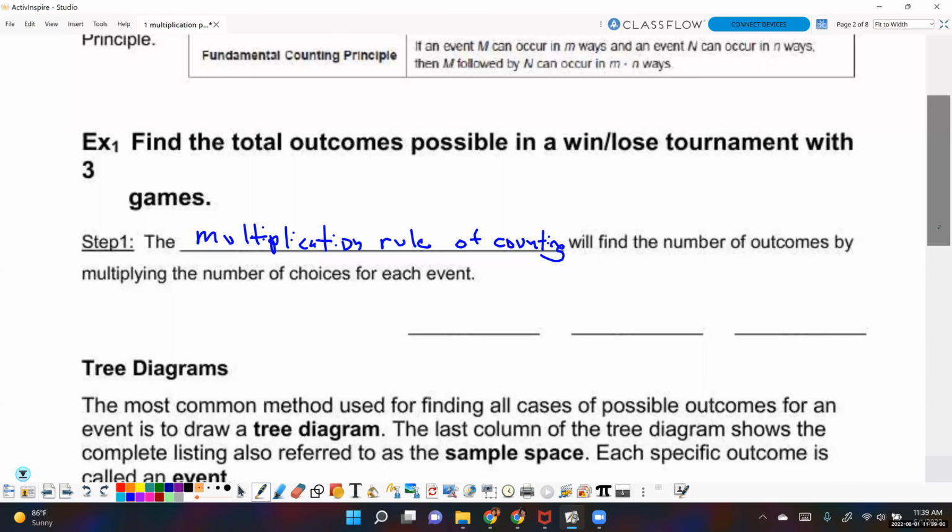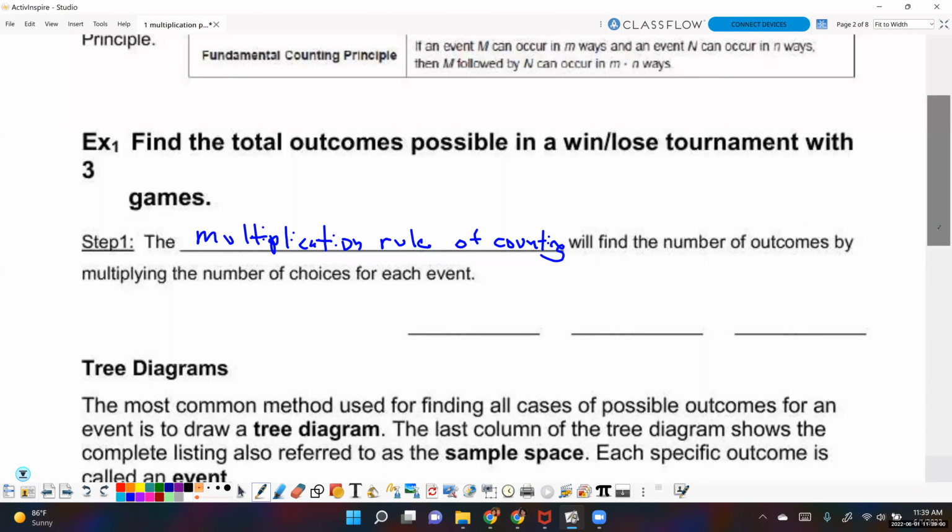So you can see here, this top branch, if I follow it 1, 2, 3, this would be all wins, win, win, win. But if I followed the top branch and then the bottom branch, and then the top branch, that would be win, lose, win.